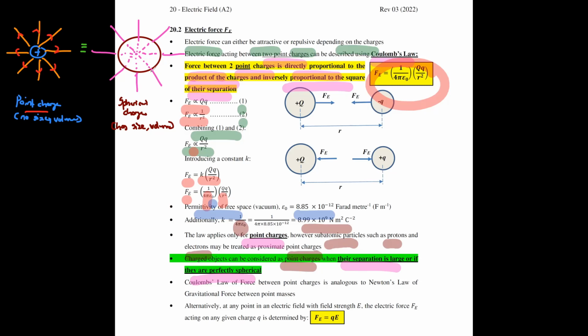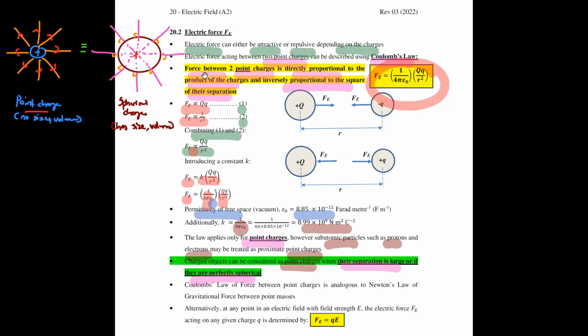For a spherical charge, although you have size and volume there, because you draw your field lines perpendicular to your contacting surface, you will notice that your field lines have the appearance of coming from the center, just like that of a point charge. That's why we can say that your sphere, if it carries charge, you can treat it as a point charge, okay?